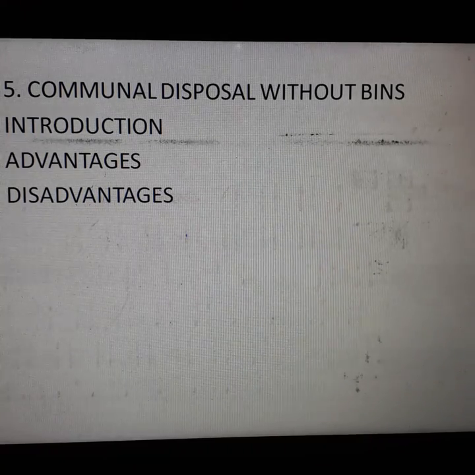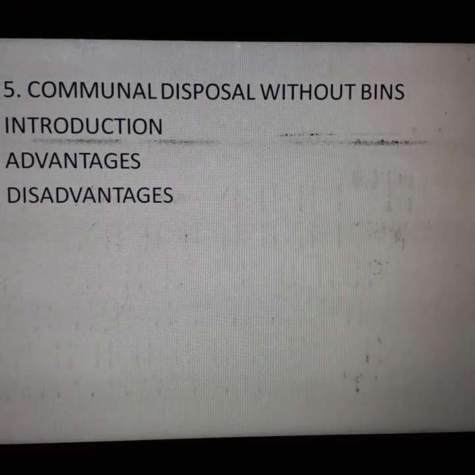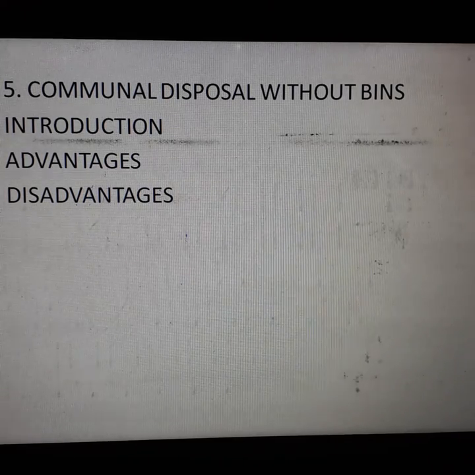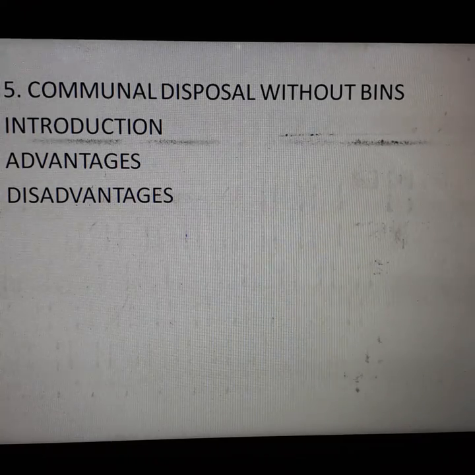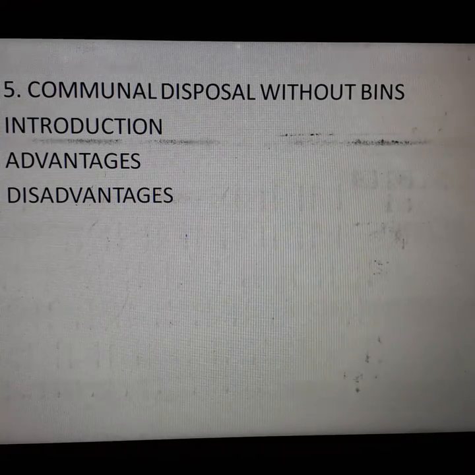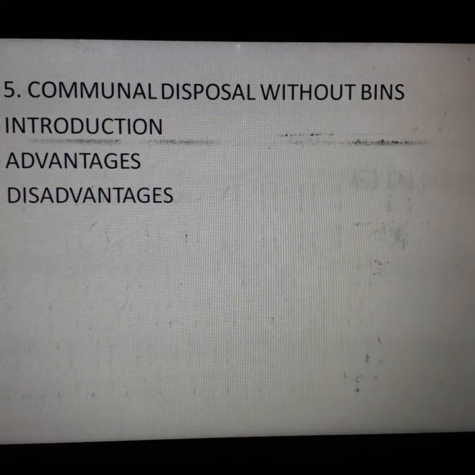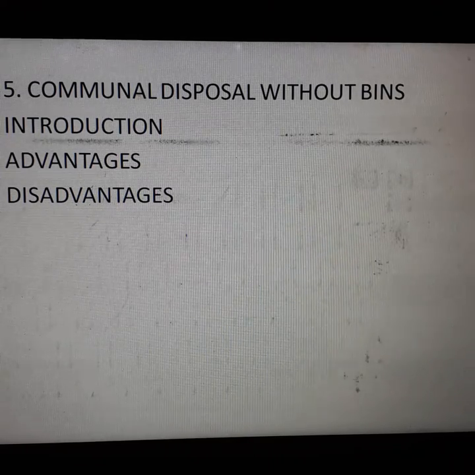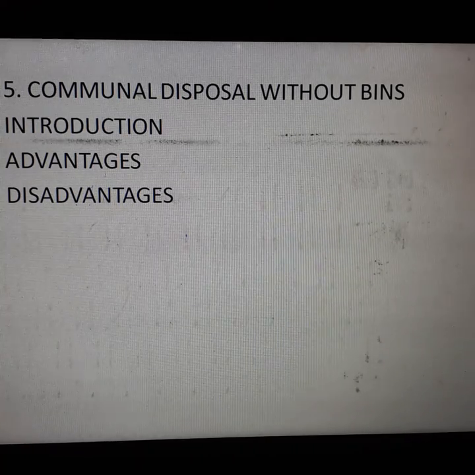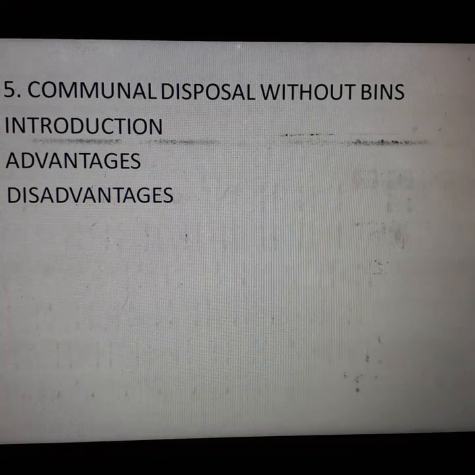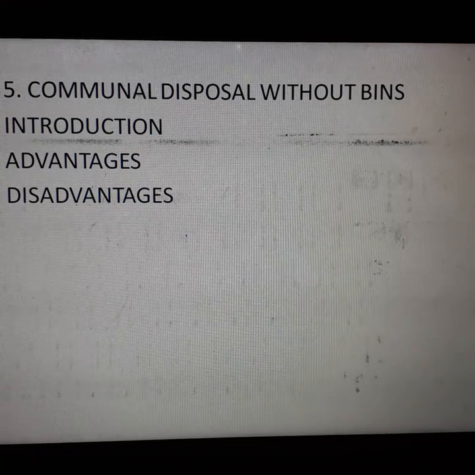Next is communal disposal without bins. For some public institutions such as markets or distribution centers, a solid waste management system without bins can be implemented, whereby users dispose of waste directly onto the ground.